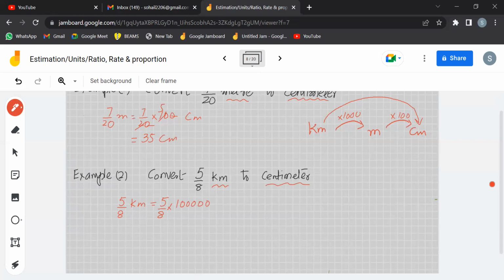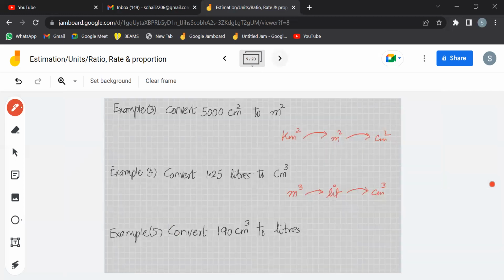When you simplify, use a calculator, it is 62500 centimeters. So simple.